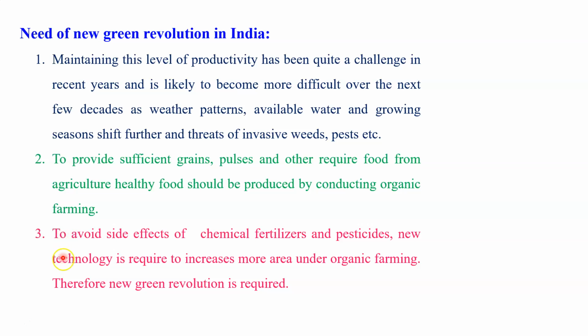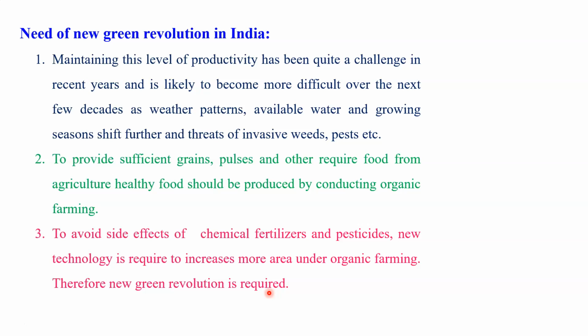Another important point also explains why the new green revolution in India is required. Because of the side effects of chemical fertilizer and pesticide, new technology is required, and to increase the area under organic farming, therefore the new green revolution is required. Dear students, you know that when we implemented the first green revolution in India, it was in 1965 or that period.